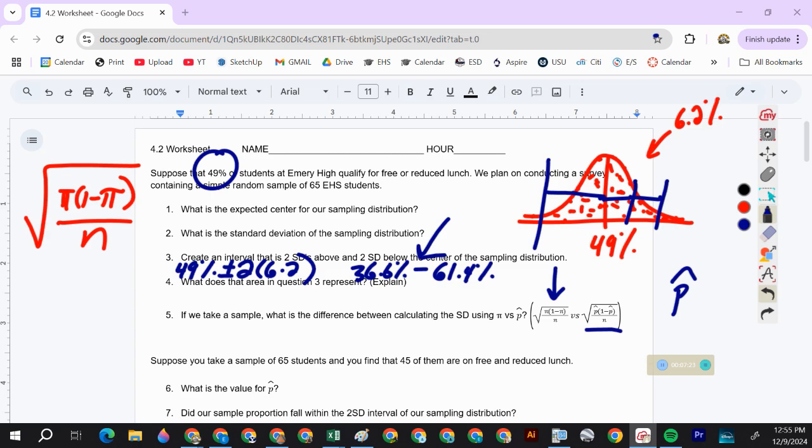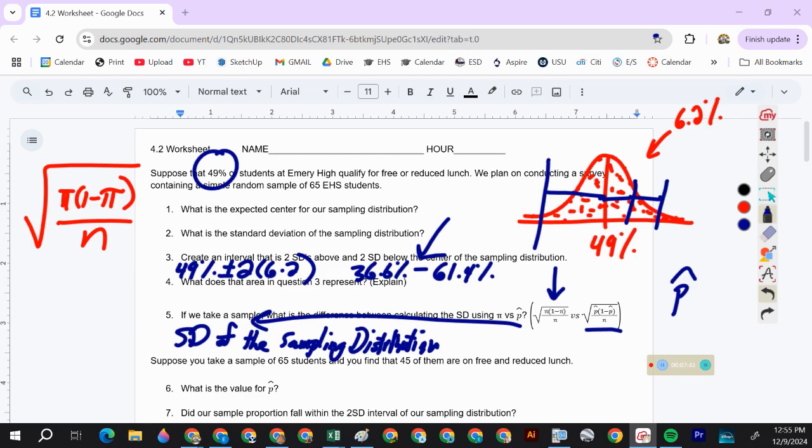This is the standard deviation of the sampling distribution. So the pi formula is the standard deviation of the sampling distribution. I'll give you a second to write that down.